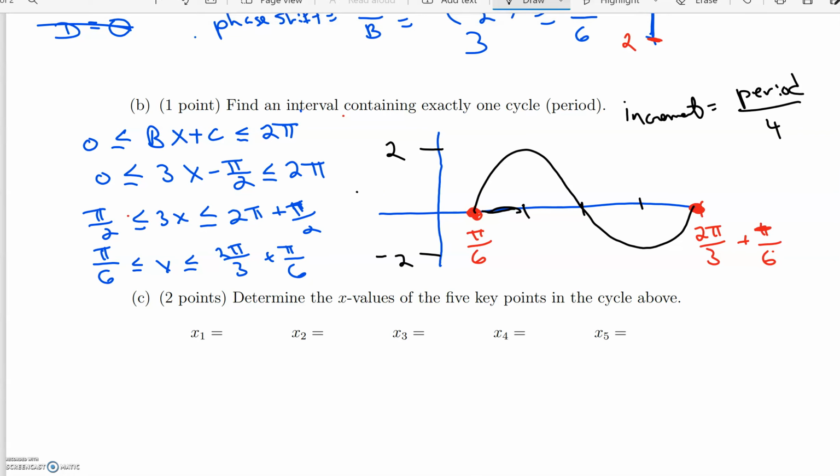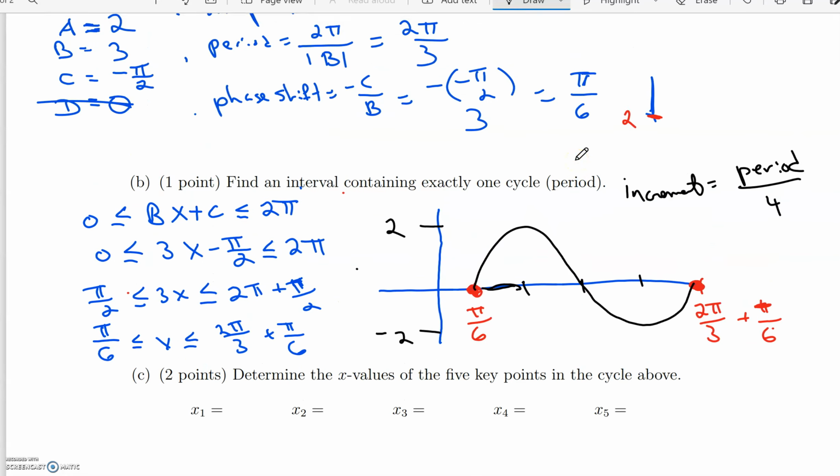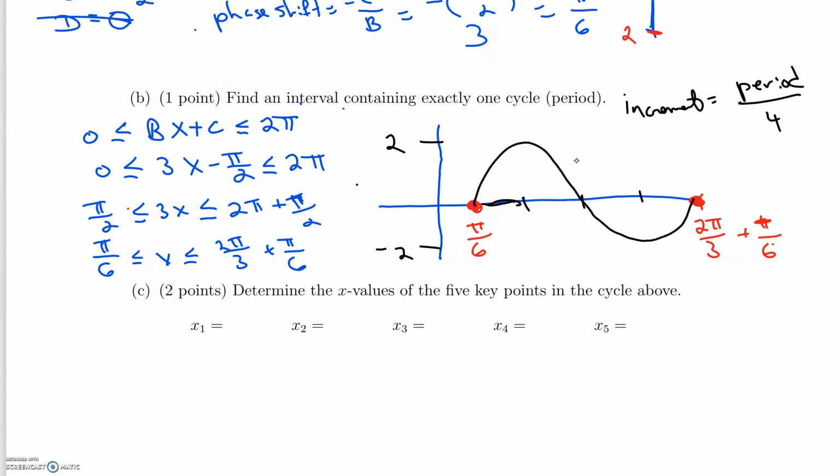Okay, so we already found the period to be 2 pi over 3, the increment is 2 pi over 3 divided by 4, which is 2 pi over 12, and simplified, that is pi over 6.